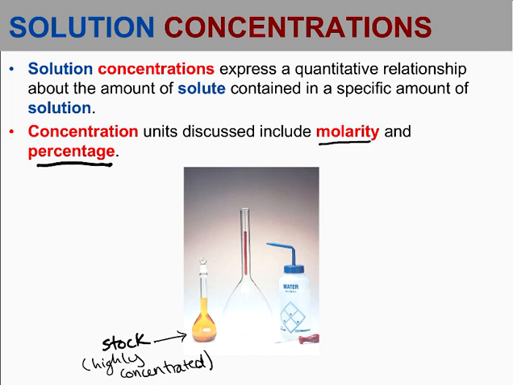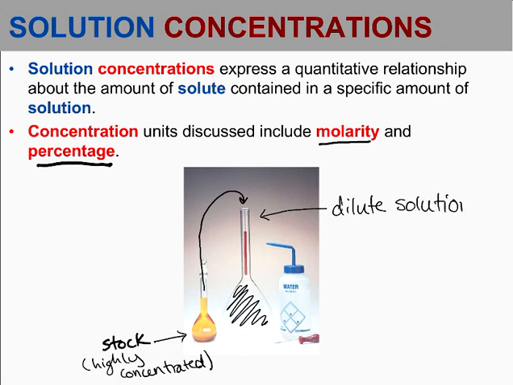But then what we could do is take a small amount of that and add it to a larger flask and then fill that flask up with water. And that's going to create a more dilute solution. So that means we have a small amount of solute in a large amount of solution.